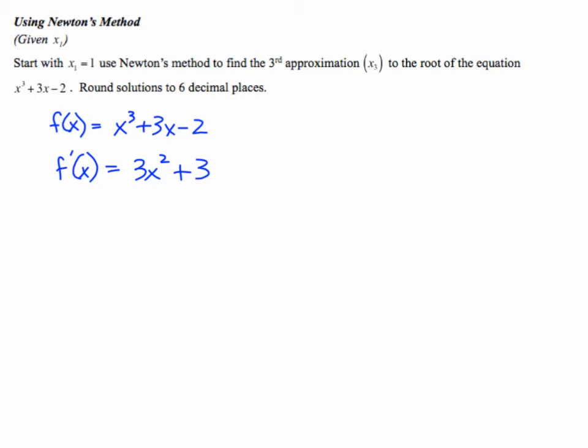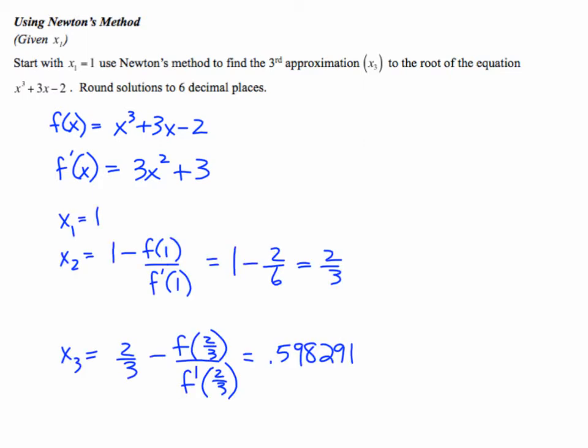And if I'm using Newton's method, x2 equals 1 minus, and I'm going to place 1 into the original equation. So 1 cubed plus 3 minus 2 equals 2. And if I place 1, which was the value of x1, into the derivative, I have 3 times 1 squared, which is 3. 3 plus 3 equals 6 on the bottom.